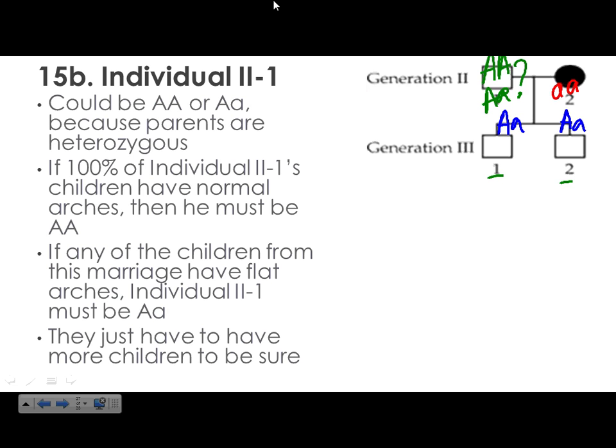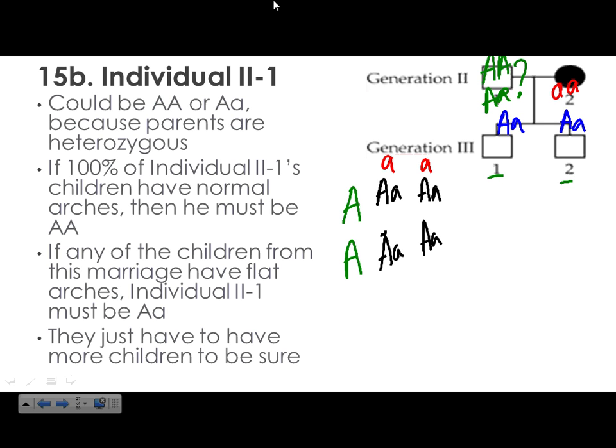So if we were to assume that the male was big A, mom is little a, so we would see 100% of the children with normal arches. They would all be heterozygous, but the phenotype that we would see would be normal feet.